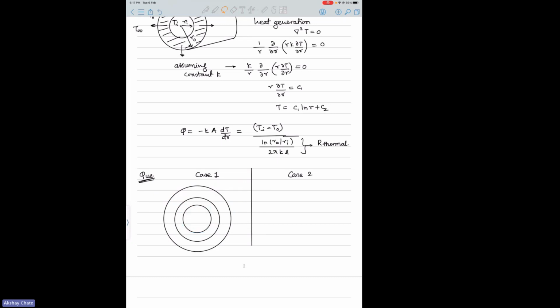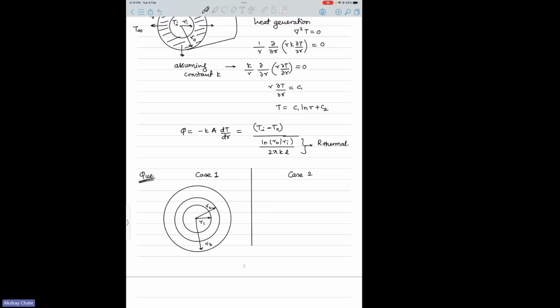So you have a pipe which is in a circle, and it will have R1 radius. Then you have two options. So this is a composite wall, and this is your R3.